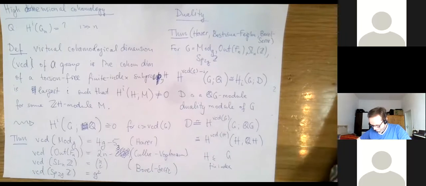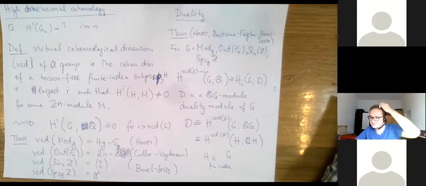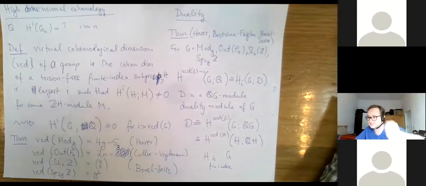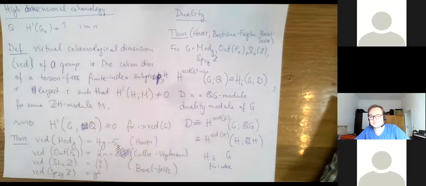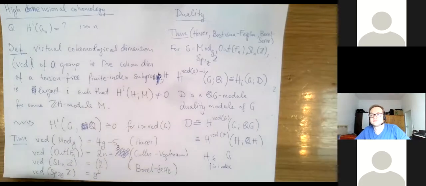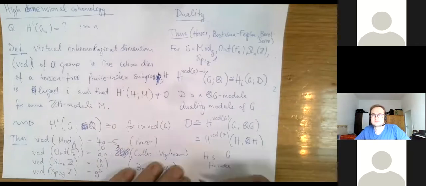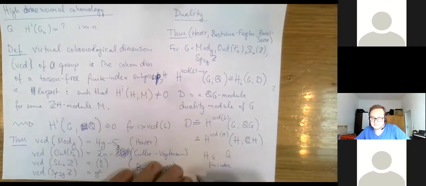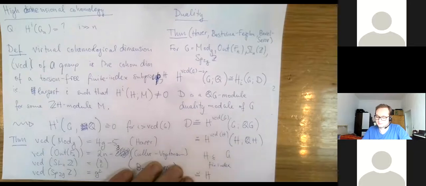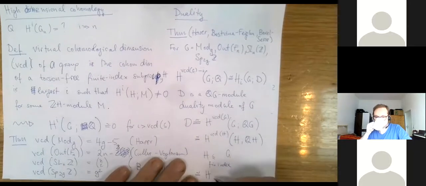Maybe, Jens, may I interject something? Sure. There is a geometric description of that module as the cohomology with compact support of a free CW complex that the group acts on. Yes.